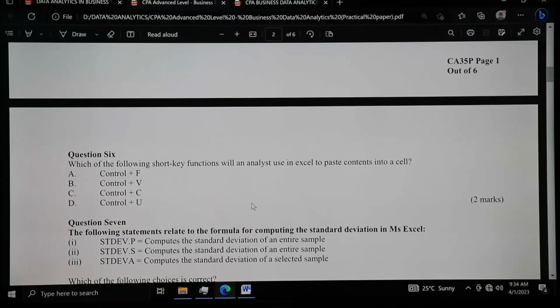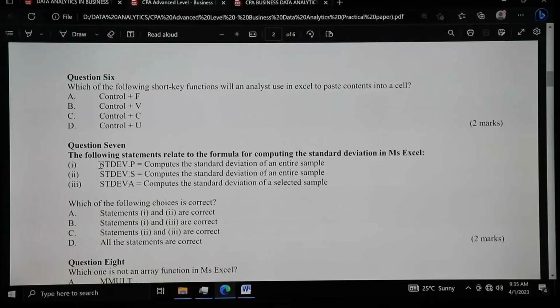Of these, Control F is for find. Control V is to paste. Control C is to copy, where Control U is to underline. So every shortcut here has a meaning. Here we are told to give the paste function, which is Control and V.